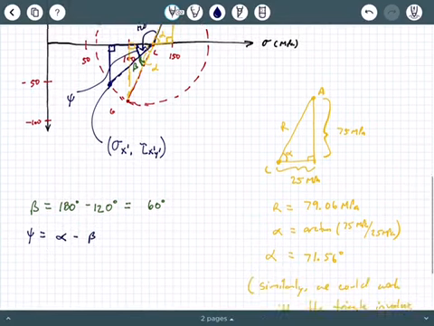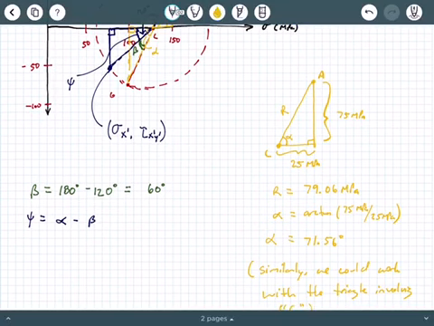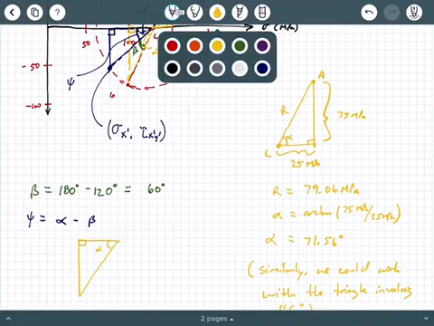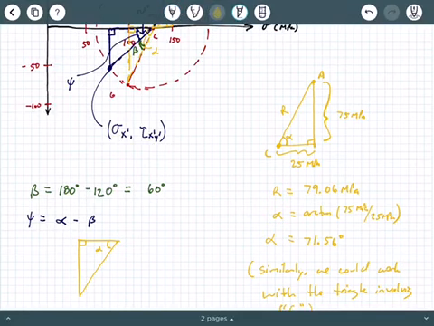Okay, so how can I get that? Well, guess what that's going to be? How about we call that psi? Okay, I'm going to call that psi right there. I'm going to say psi is equal to alpha, little alpha, minus beta. Okay, so maybe I'll blow this up and show you what I'm looking at.